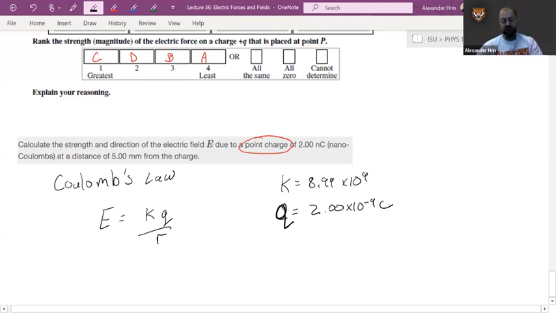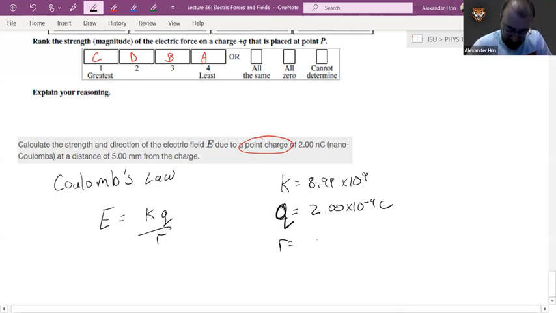You don't want to use C as your charge, because that symbol C means capacitance, so that's one of the reasons we use Q for charge.